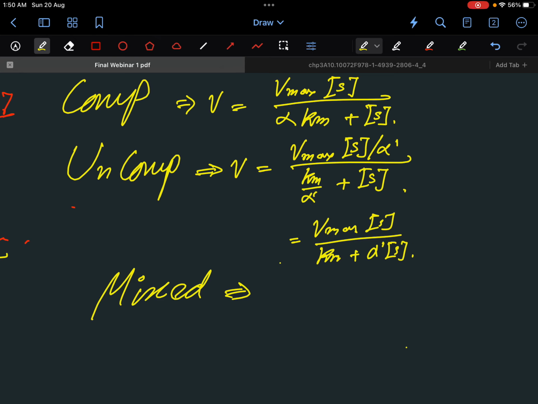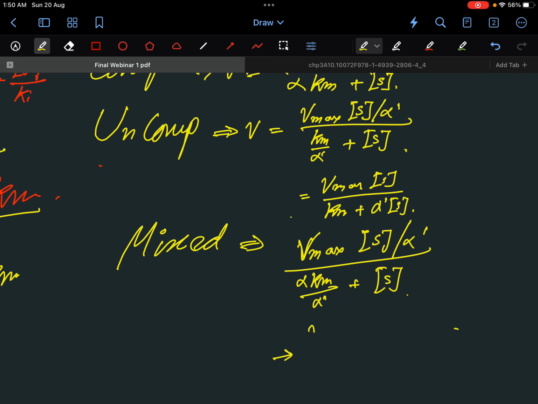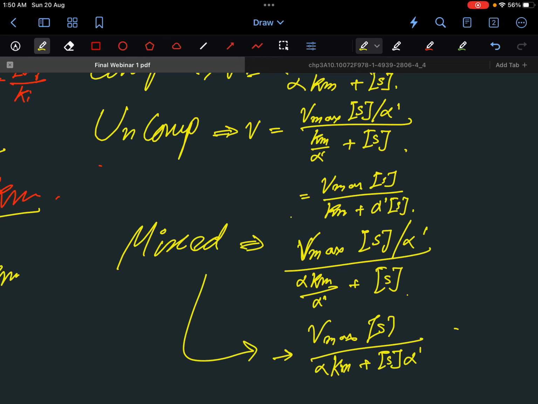So it will be Vmax into S divided by alpha Km by alpha dash plus S, and you can just simplify it, and it will be Vmax S by alpha Km plus S into alpha dash. Okay, this is the value of mixed.